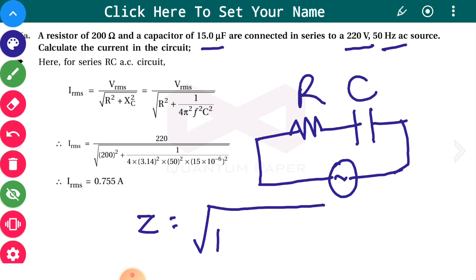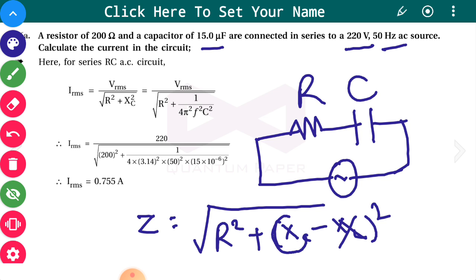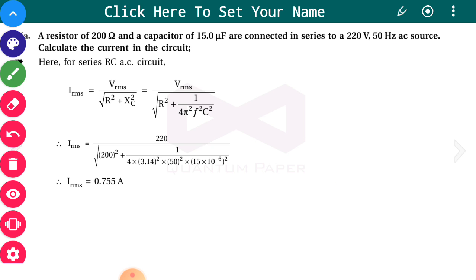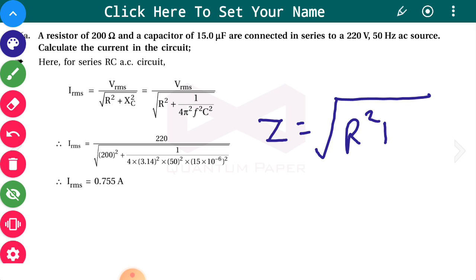know, R square plus XC minus XL the whole square. Now there is no inductance, so this part vanishes, and you will have R square plus XC square only. Then the impedance will become the square root of R square plus XC square.